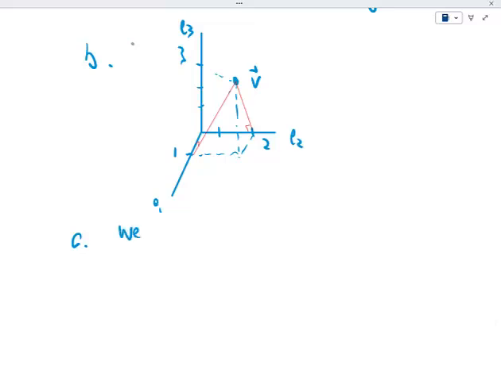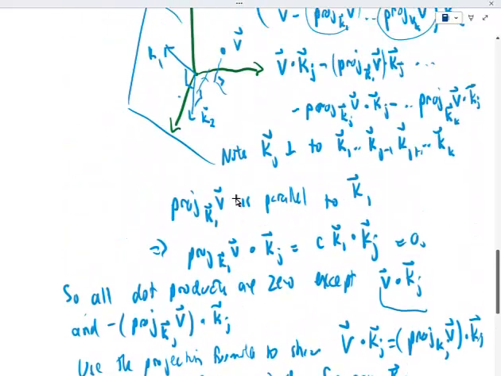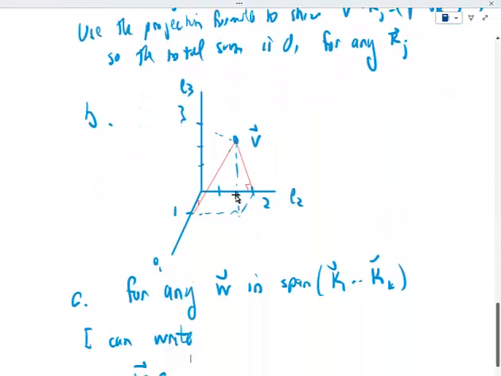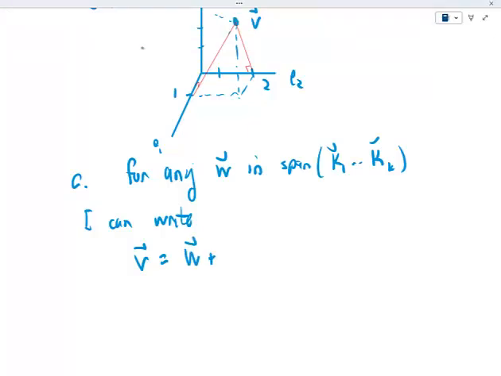So we can write, so let's see, for any W in the span of K1 up to kappa K, I can write V is equal to W plus P minus W, and I'll define P in a moment, plus V minus P, where P is equal to this projection thing.